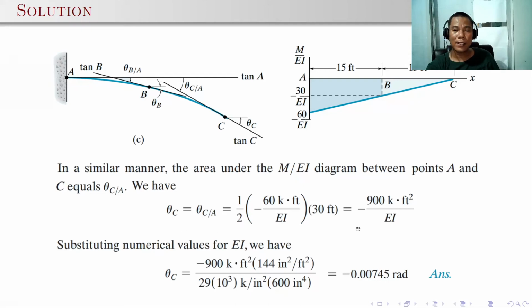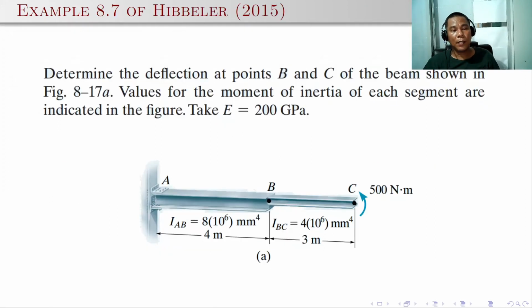So here theta C is minus 900 kip-feet squared over EI. Again, substituting the numerical values for the flexural rigidity EI, you can compute theta C, that's negative 0.00745 radians.